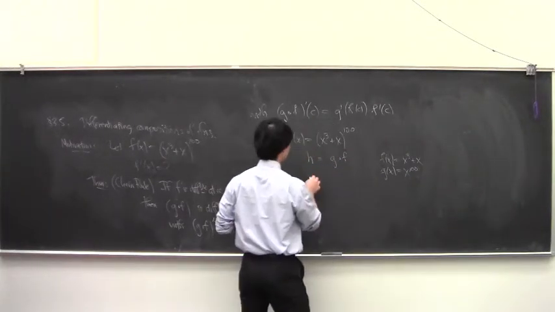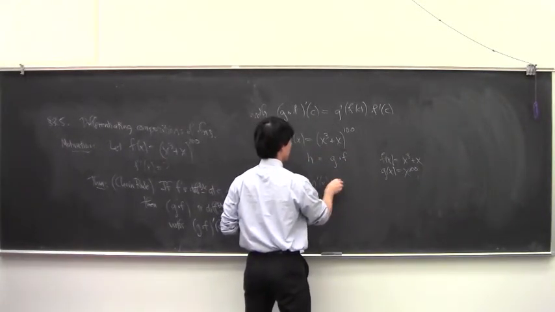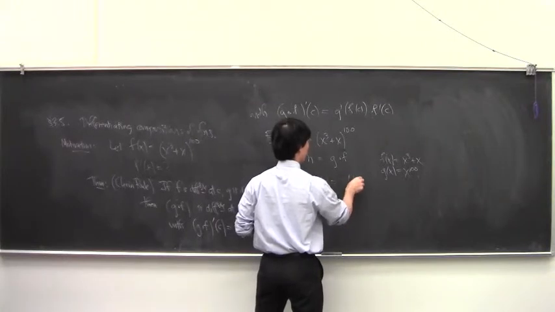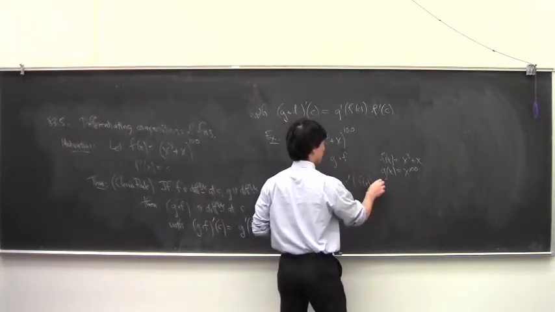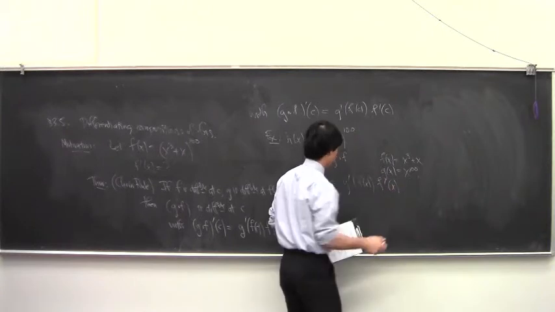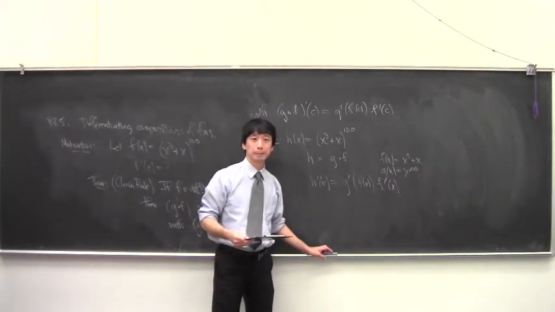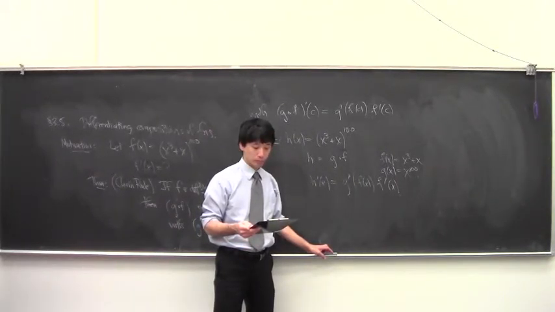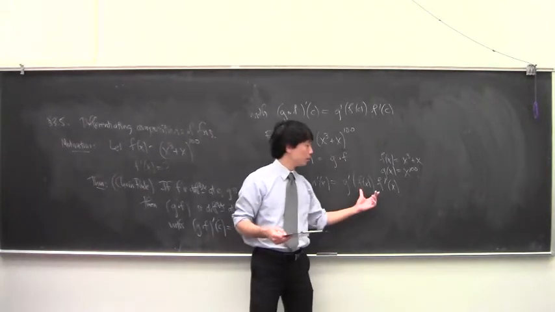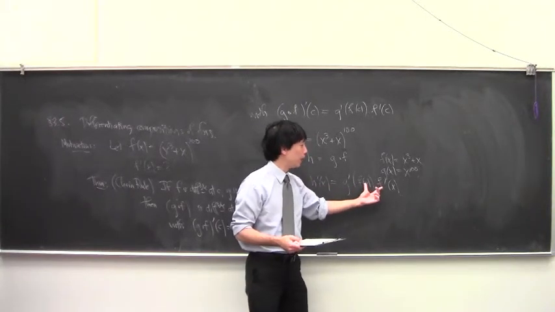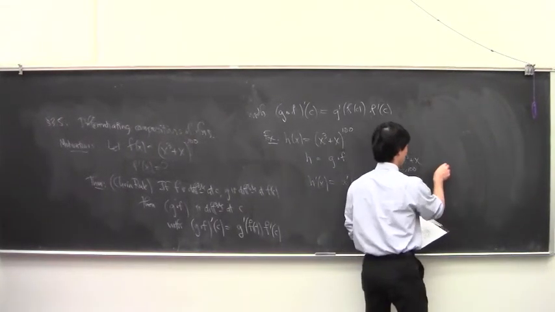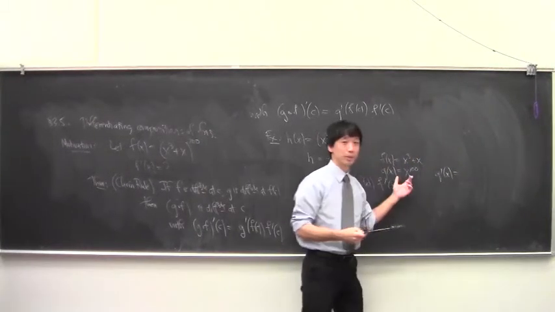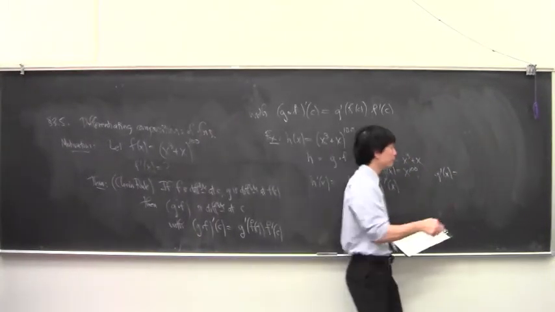So what's going to be the derivative? h prime of x is going to be g prime evaluated at f of x times f prime evaluated at x. So what is that? What's g prime? Somebody just read it off for me. 100x to the 99.